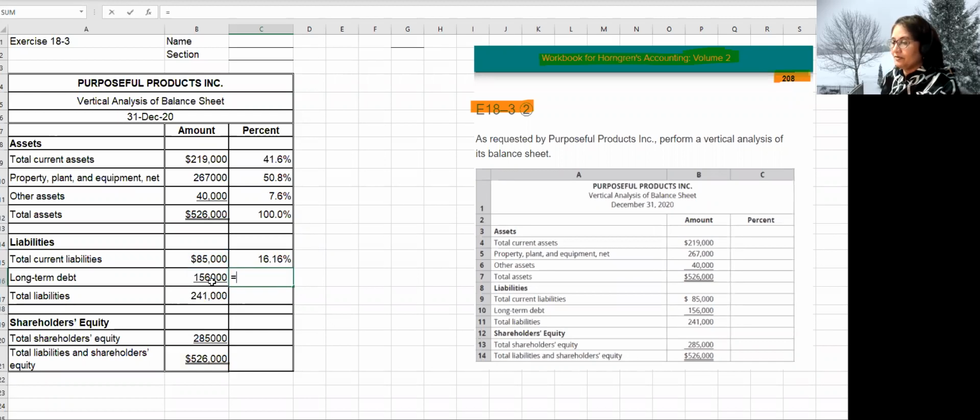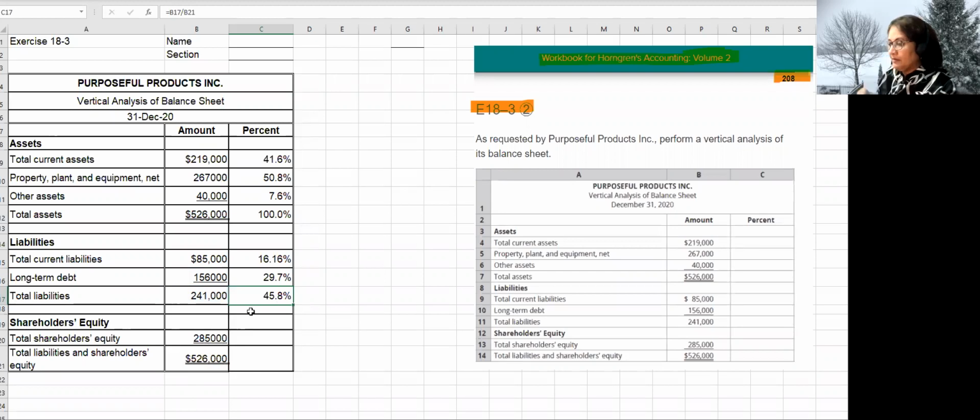Same steps I will follow for the long-term debts of 156,000 divided by 526,000. That comes out to be 29.7 percent. And the total liabilities will be 241,000 divided by total liabilities and shareholders' equity. That comes out to be 45.8 percent.